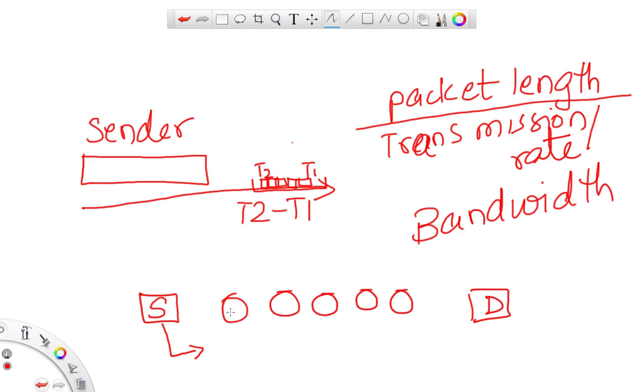However, there will be for each of these middle routers. It will take out the packet, do the decapsulation, do the error detection and correction, and then forward it to the port. So all these middle devices and the destination will have the processing delay, except the sender.